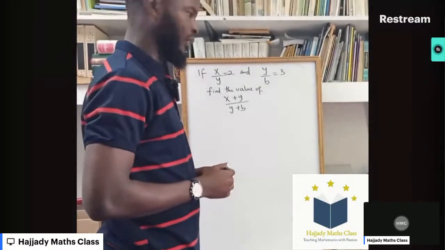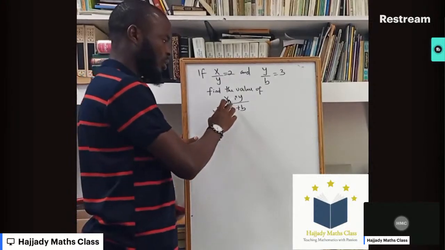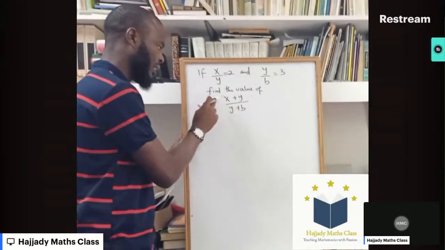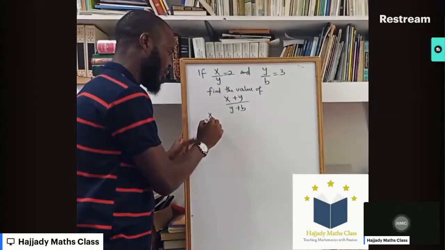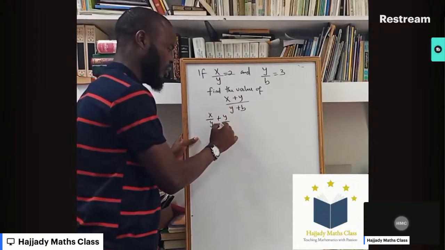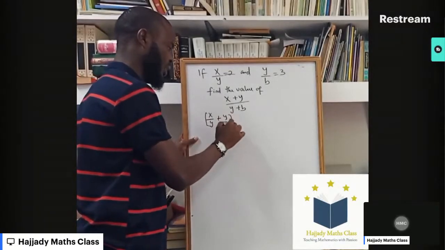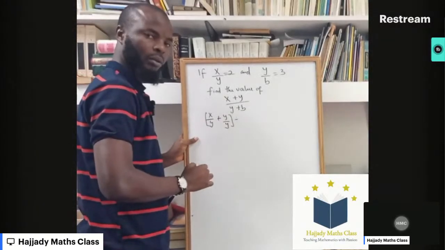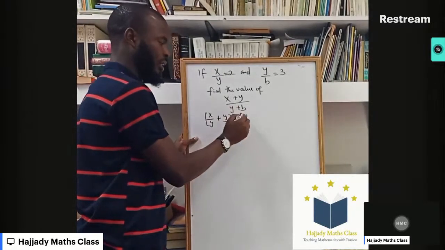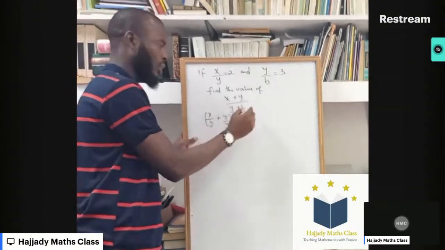In solving this question, the first approach we're going to do is that we divide everything by y. So we're going to do this: x over y plus y over y, divided by y over y plus b over y.